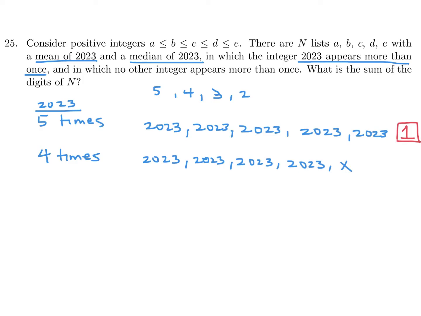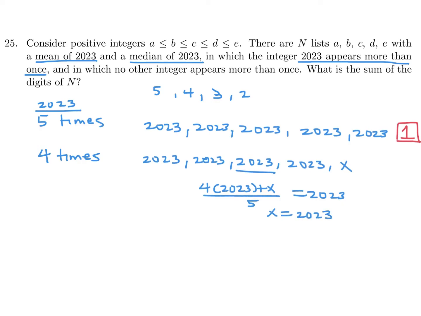Now the median, the way I wrote it, the middle value, that's fine. It satisfies 2023 as the median. But the mean, you'd have to add these guys. So 4 times 2023 plus x divided by 5, and that's going to be 2023. And when you solve for this, you get x equal to 2023.